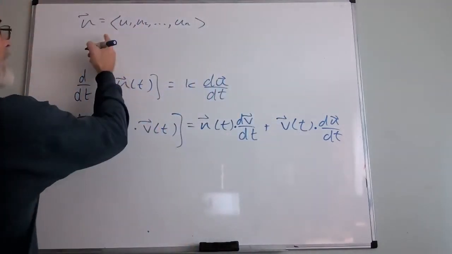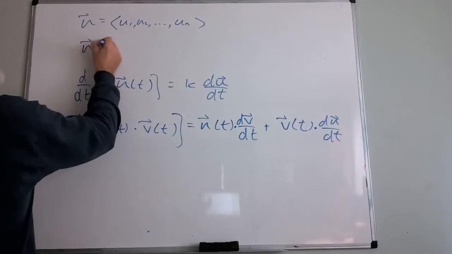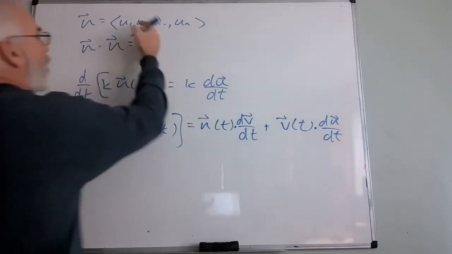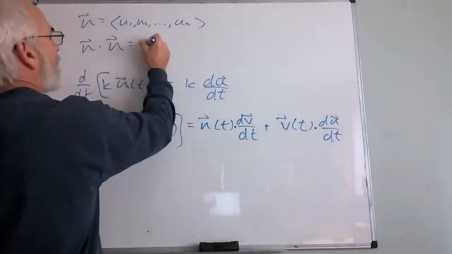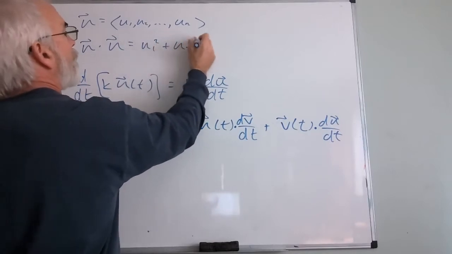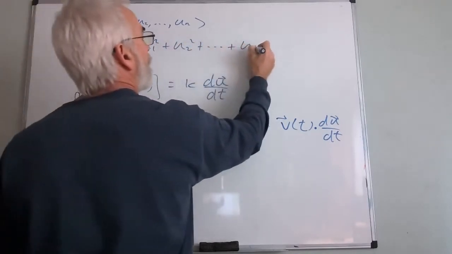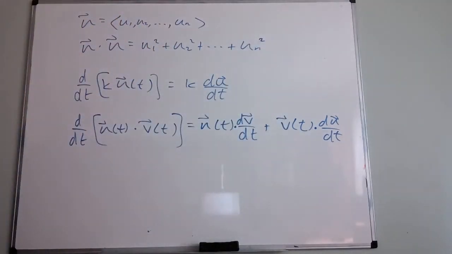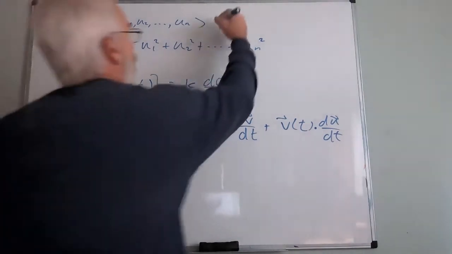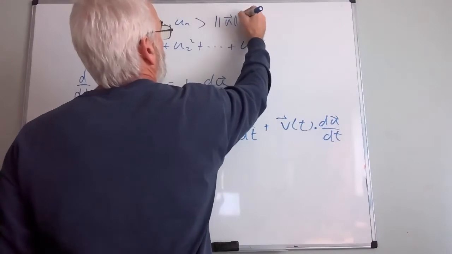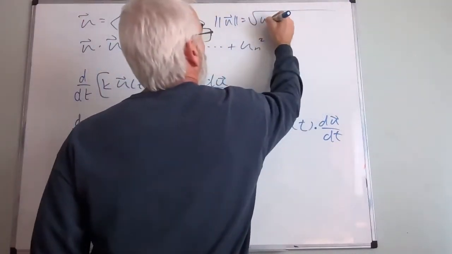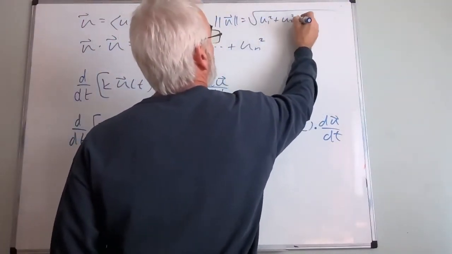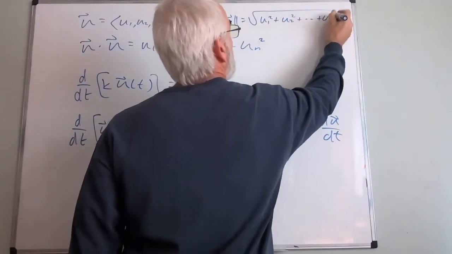Okay. So if I said, what is u dotted with u? You'd say, well, if I dot u with itself, that's going to be u1 squared, u2 squared, plus all the way down to un squared. But I noticed something very important about that. Because if I had said, what's the length of vector u, then isn't the length of u the square root of u1 squared plus u2 squared all the way down to un squared?